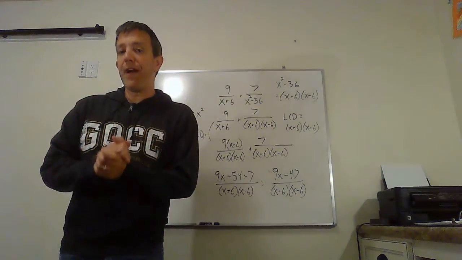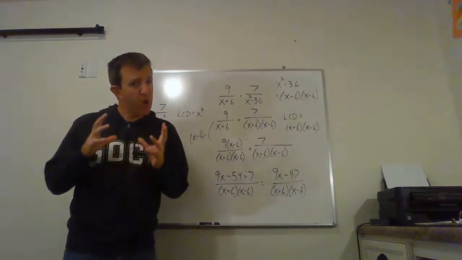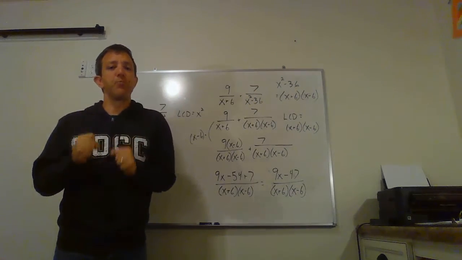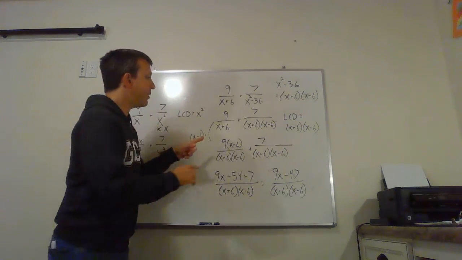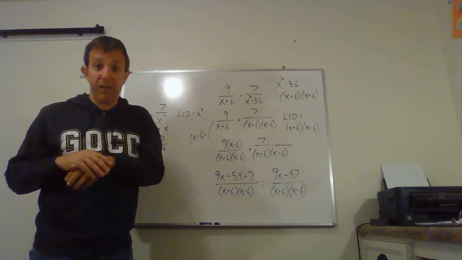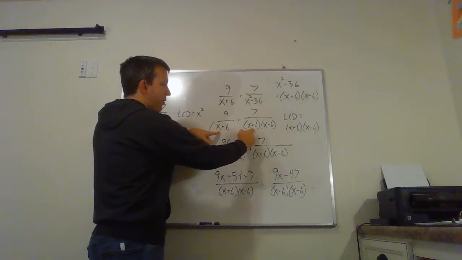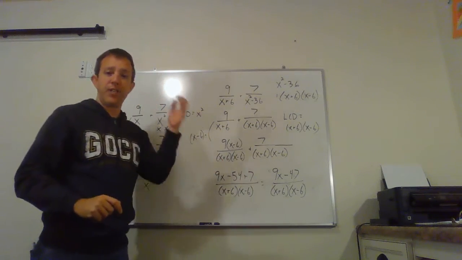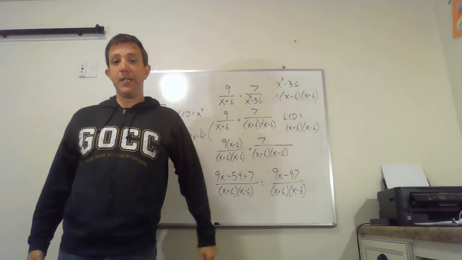So now that we have it factored, remember, we just want to use the most of every piece that we have. We don't want any extras. That's really important. So when I look at this, I need the x minus 6 because there's one of them and I gotta have it. But for the x plus 6's, even though there are two separate ones here, one in each fraction, the important part is that there's only one in each fraction.